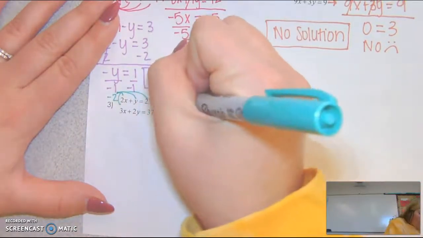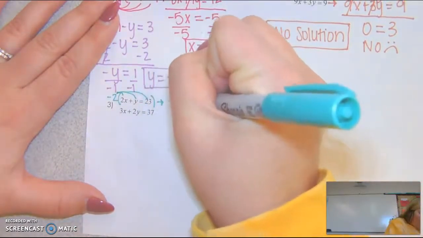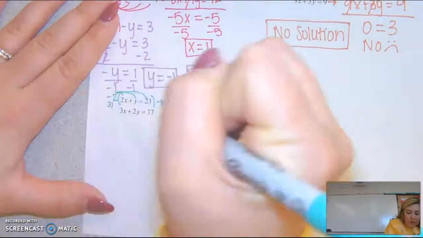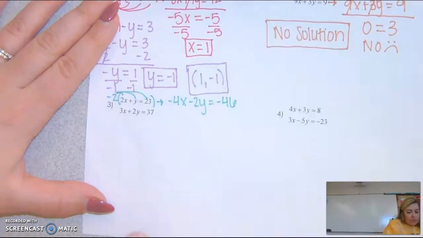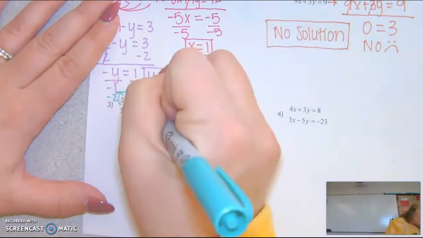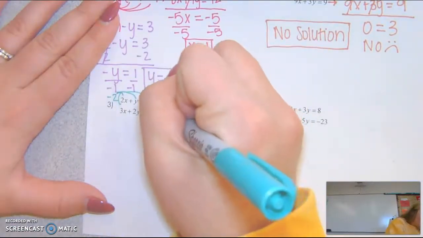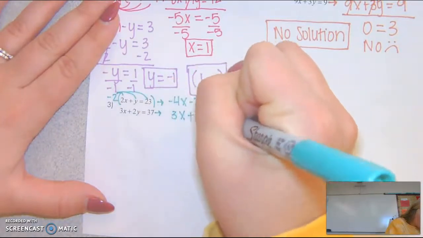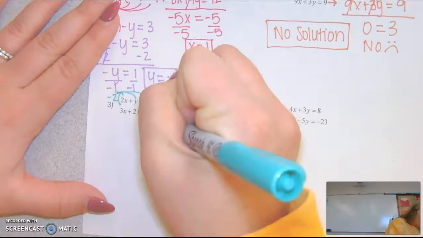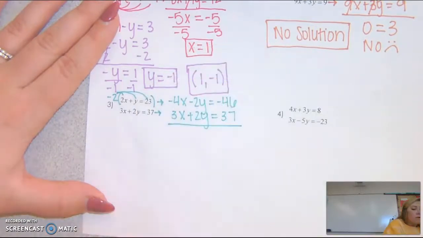So I have -4x minus 2y equals -46. And then I'm going to rewrite my bottom equation right underneath it. It really helps to make sure you guys are lining these up. Now I'm combining like terms down.